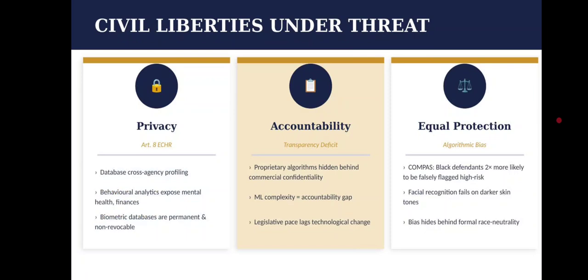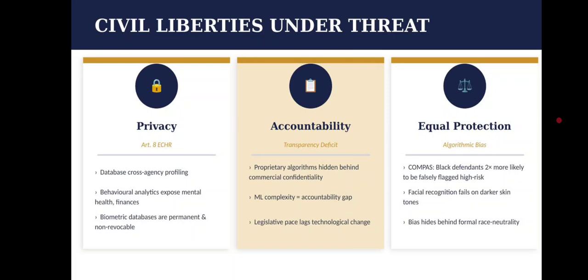Civil liberties challenges. These developments create serious civil liberties challenges. First, privacy is affected. Governments collect large amounts of personal data, including biometric and behavioral data, which can be used to monitor individuals. Second, there is a problem of transparency and accountability.